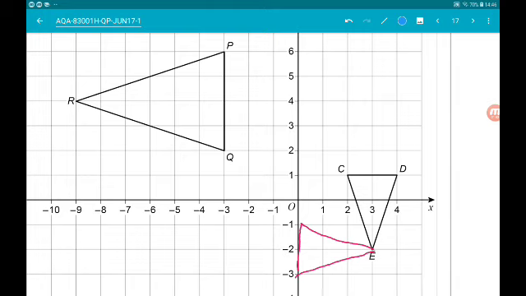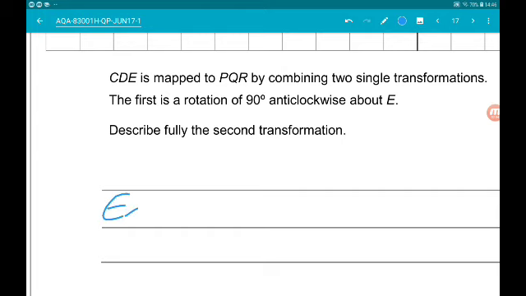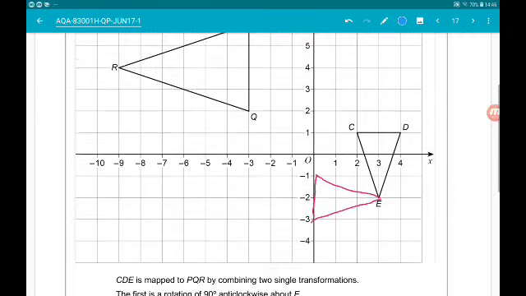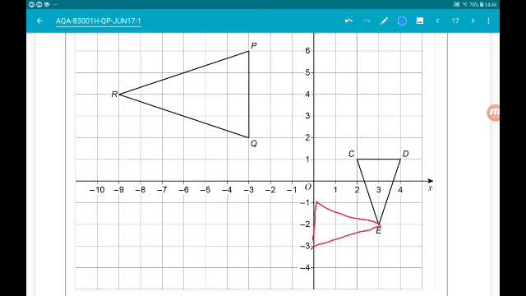So let's first of all write down enlargement. Now, the triangle, as well as getting bigger, has flipped over. So that means it's going to be a negative scale factor.